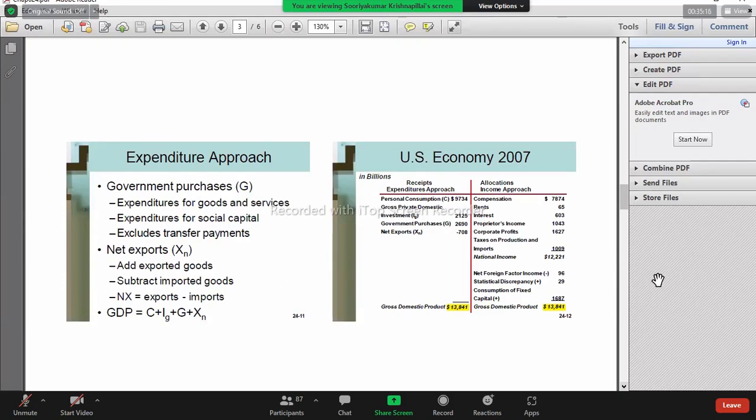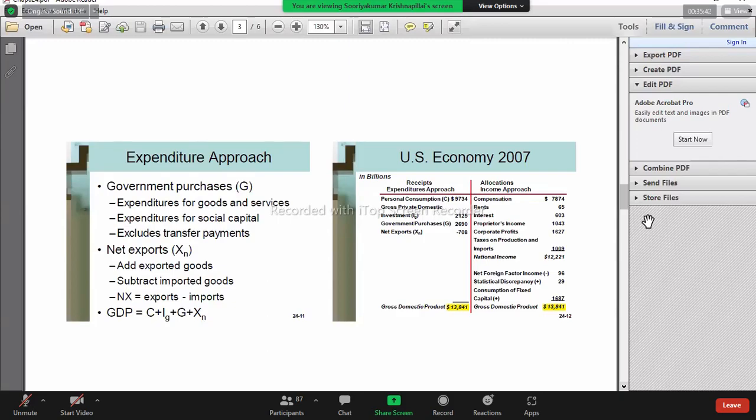So all export goods are produced in our country, so that should be included in the GDP. But import is produced in another country, so that should be subtracted from our household consumption expenditure.